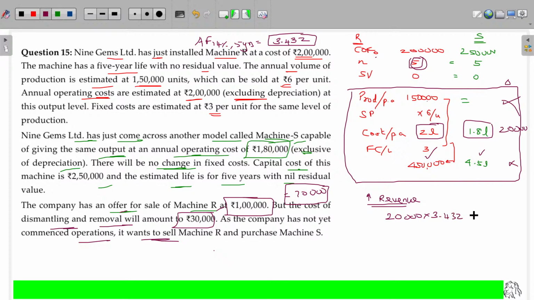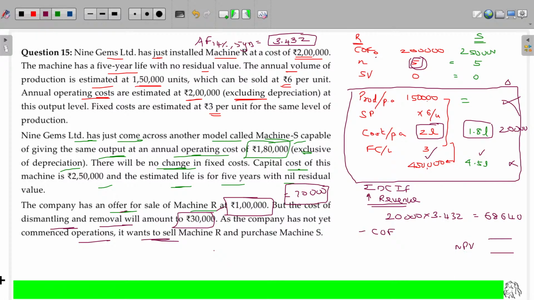What is the ultimate cash inflow? This is the summation of discounted cash inflow. 68,640. From there, you have to subtract the cash outflow to find out the NPV.